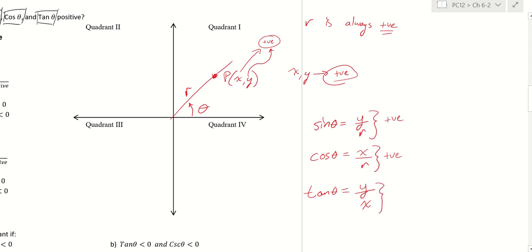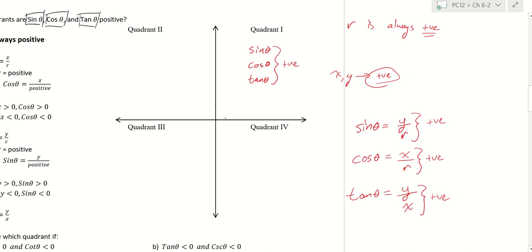The tangent ratio should always be positive because y will be positive, x will be positive. The quotient of two positive numbers is just a positive number. So for quadrant 1, the sine ratio, the cosine ratio and the tangent ratio are always going to be positive ratios.